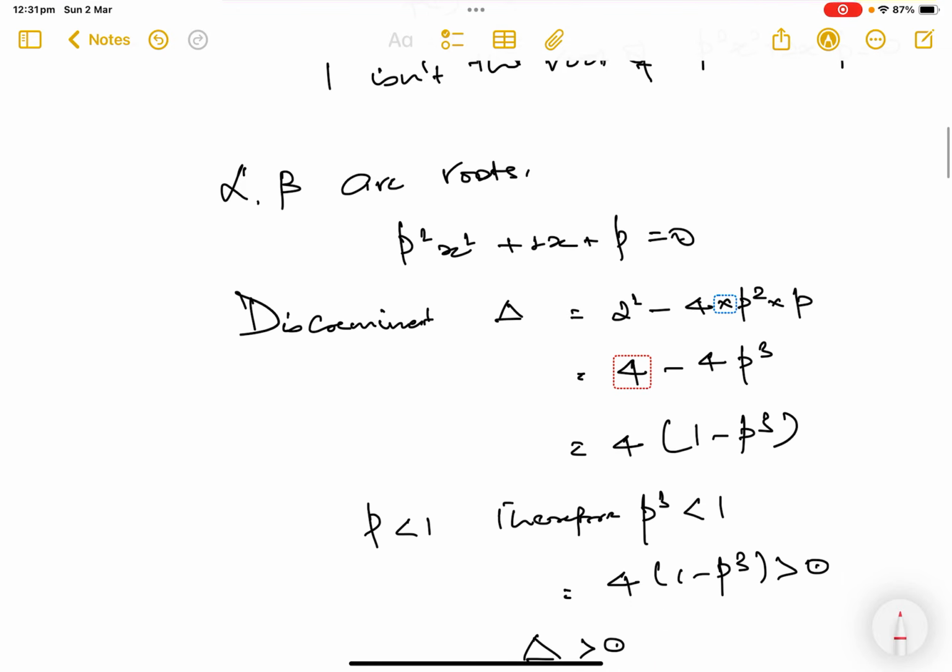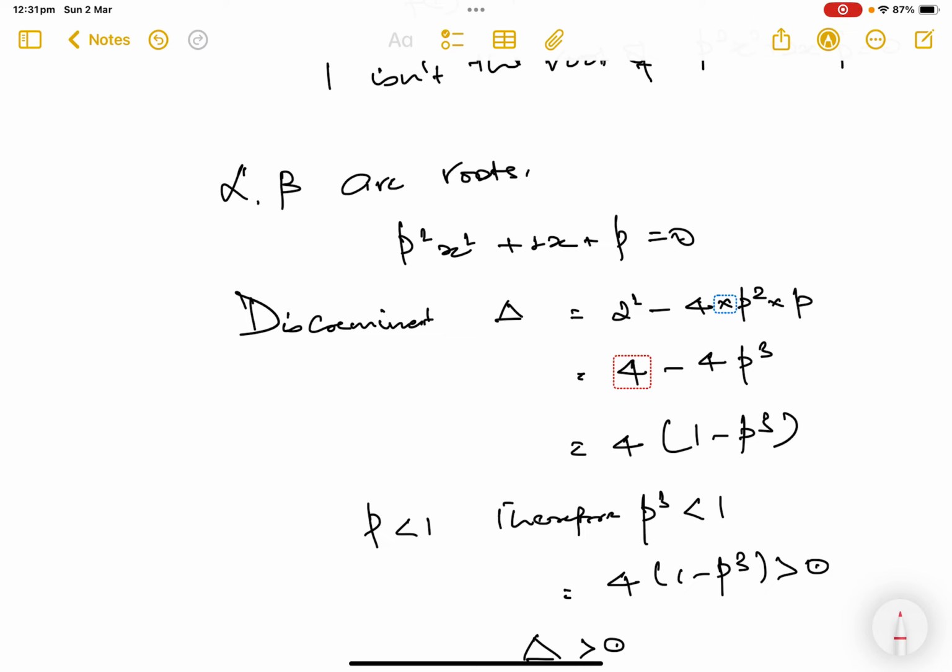Then alpha and beta are the roots. First of all, we need to prove they are real. This is a quadratic equation, so for the roots to be real, the discriminant must be greater than or equal to 0. If they are real and different, it is greater than 0.